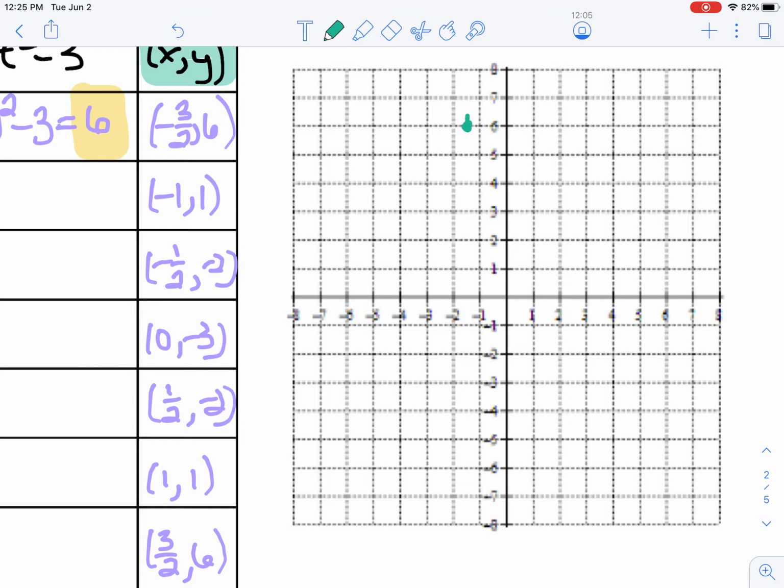We then have (-1, 1), then (-1/2, -2) down here, and then we have (0, -3). And it looks like we have symmetry on the other side. We have +1/2 x and -2 y. We have +1 x, +1 y, and lastly +3/2 x and +6 y.